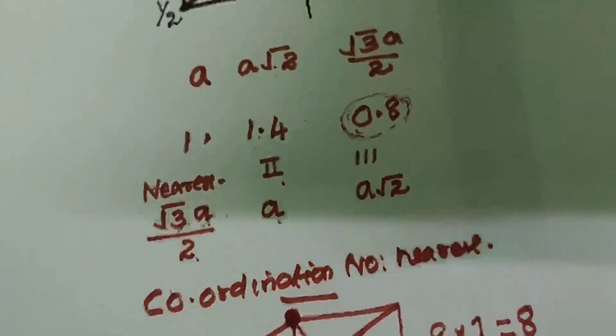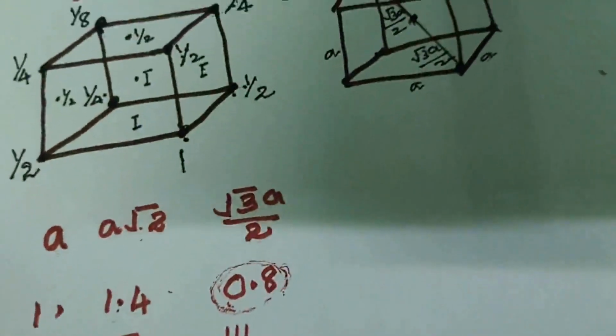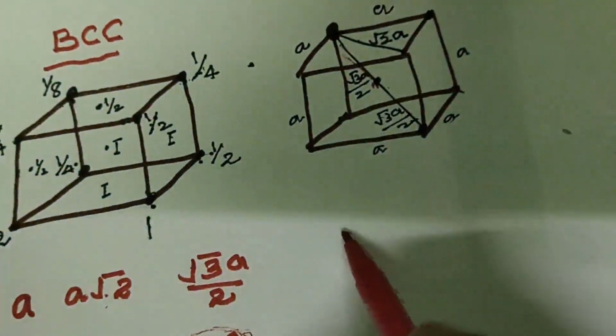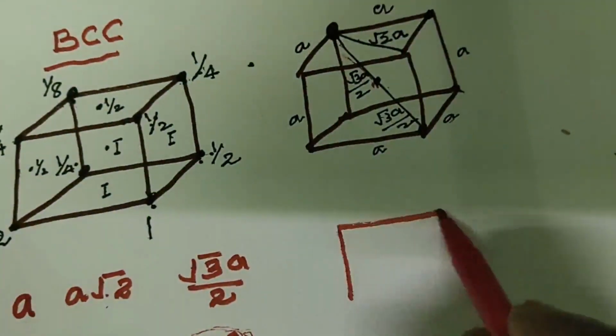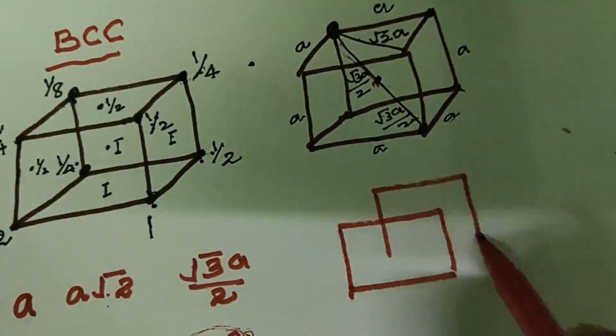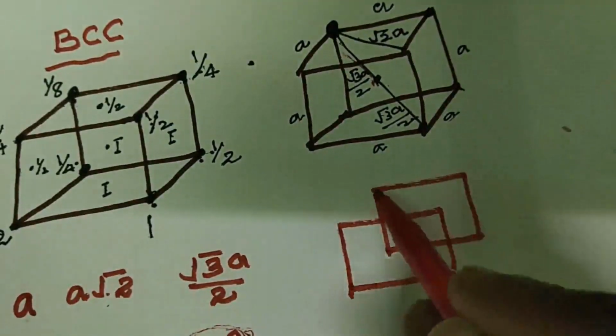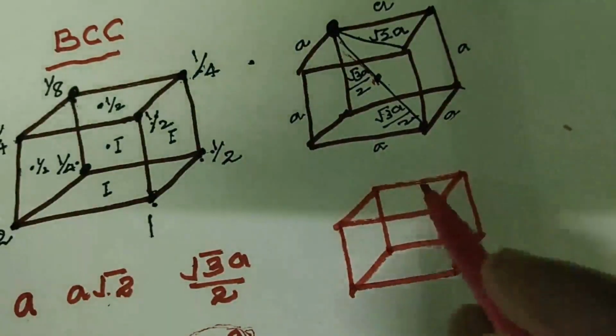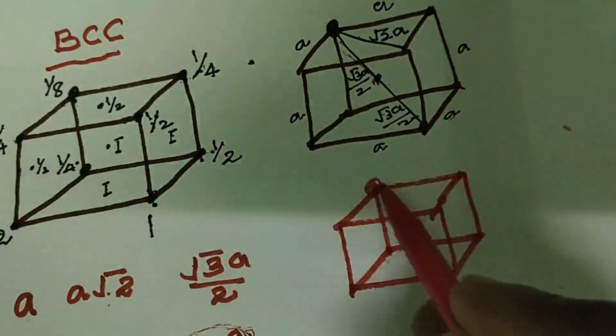Then calculate the second, or next nearest. How to calculate? Here, this is the corner.